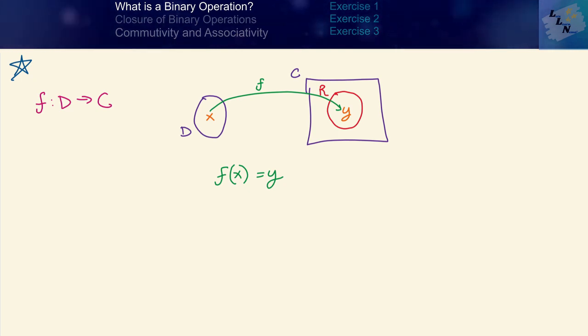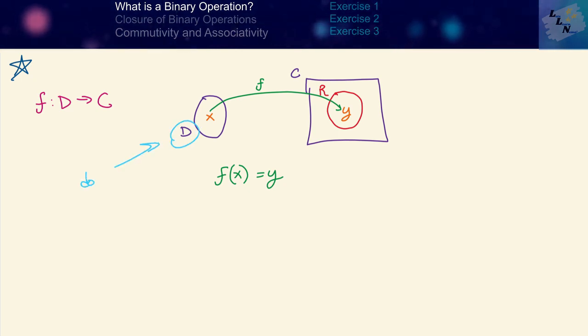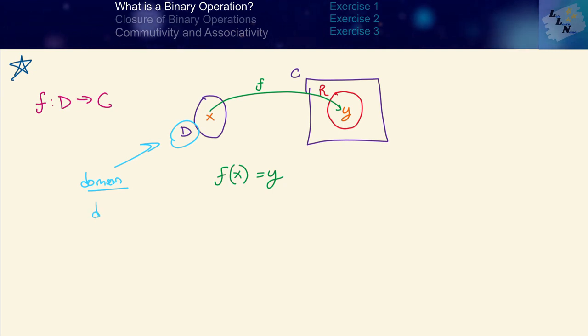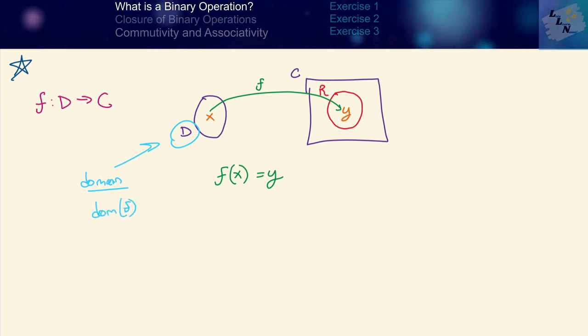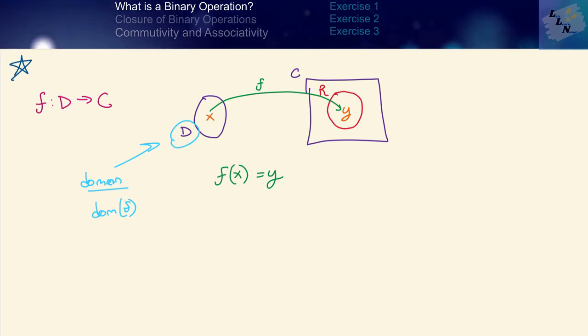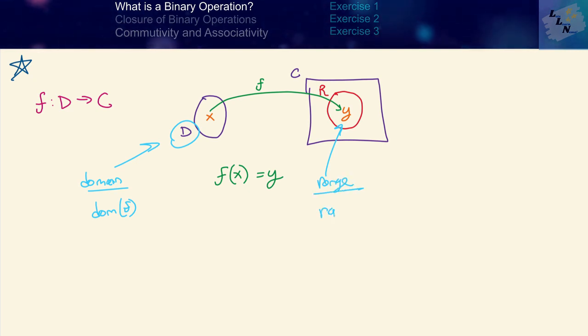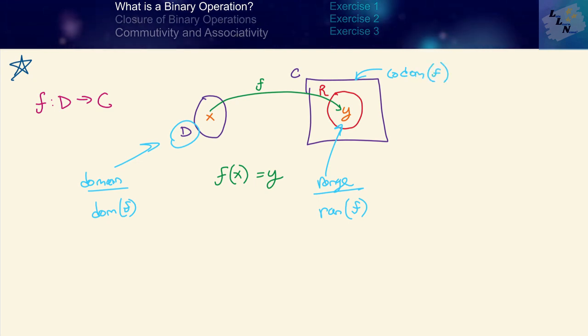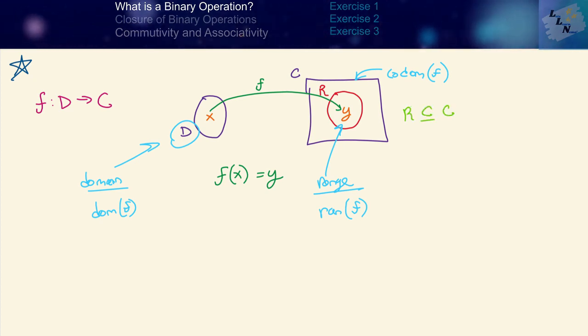So this set D is sometimes referred to as the domain of F, and some people abbreviate that as DOM of F. The set R is sometimes referred to as the range, which some people abbreviate as RAN of F. And the set C is called the codomain, CODOM of F. We clearly see based upon this picture that the range must be a subset or a proper subset of the codomain.